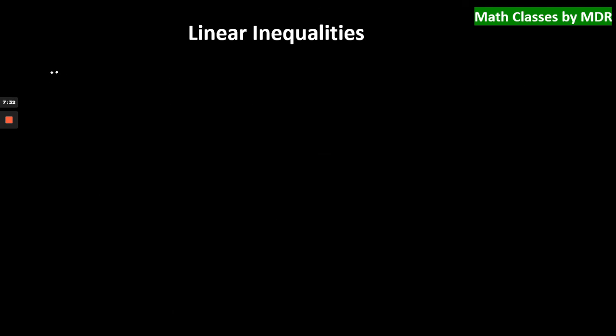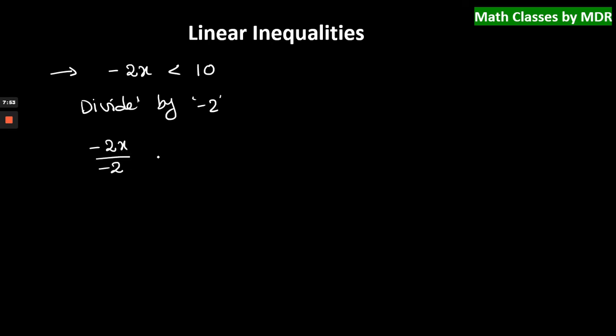Now let me show you. Suppose you have minus 2x less than 10. Now we have to divide by minus 2 on both the sides. So you will get minus 2x by minus 2 and then 10 by minus 2.